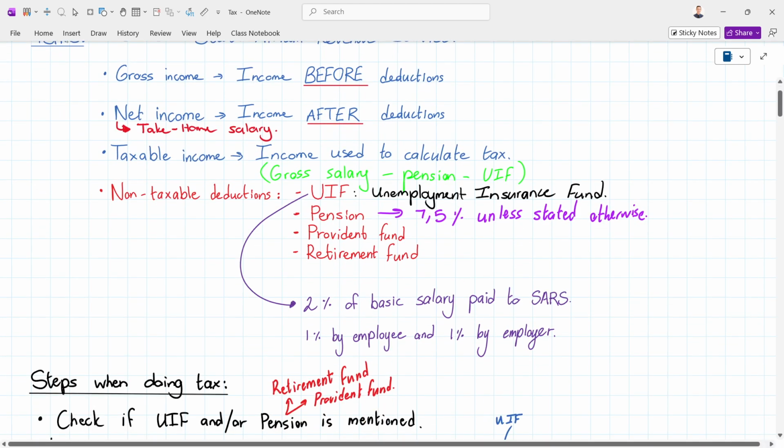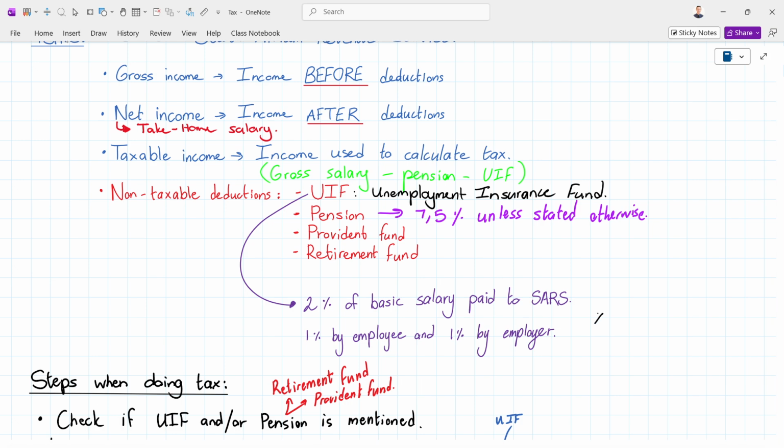It is capped. I'm not going to make mention of it here, but just keep in mind UIF is capped. Okay, there is a cap to UIF in the country. If you earn millions a month, it's not going to take 1%.